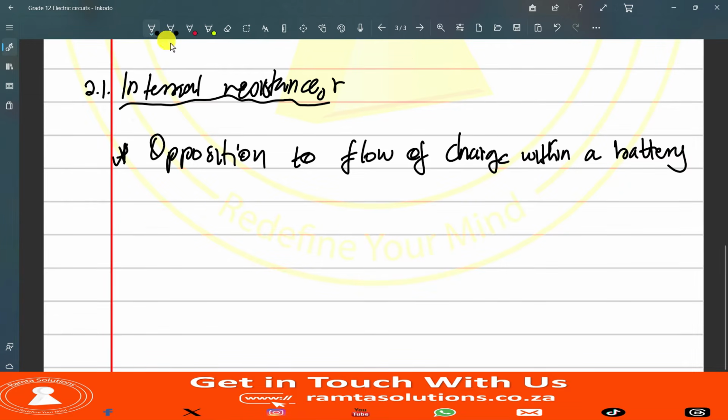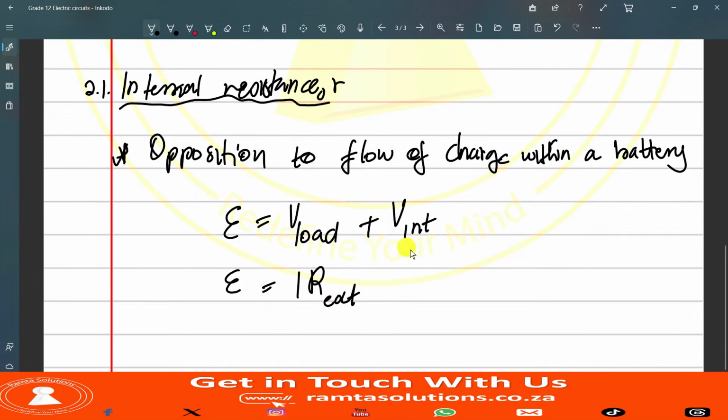Okay, so what we have done, once again, going back to the formula: emf equals V load plus V internal. The current that's flowing in the circuit is the same current that is flowing in the internal resistor. The internal voltage is the total current multiplied by the internal resistance.